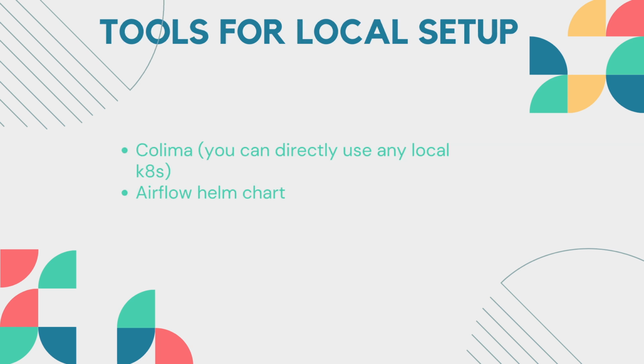The tools that we are going to use for this chapter, as well as for this whole playlist, are Colima, Helm, and Airflow chart provided by the Airflow community. Instead of Colima, you could use any other local Kubernetes tool like Minikube or K3s. I'm using Colima because I already had it installed, and it makes it easy to set up K3s on my machine.